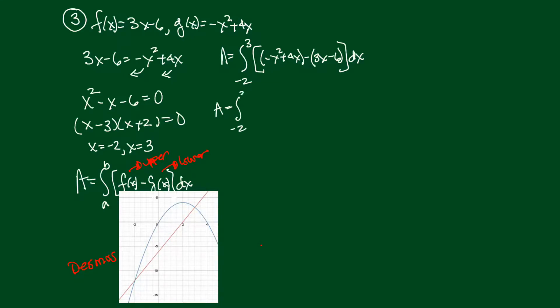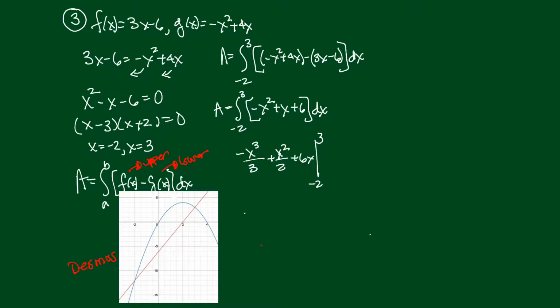Let's simplify that a little bit. This is going to be -2 to 3 of, what do we get here? -x squared, and then 4x minus 3x, right? 4x minus 3x is just an x, and then we're going to have this minus a -6, right? Minus -6 is a +6 dx. Let's integrate. We will get -x cubed over 3 plus x squared over 2 plus 6x, and we're going between -2 and 3.